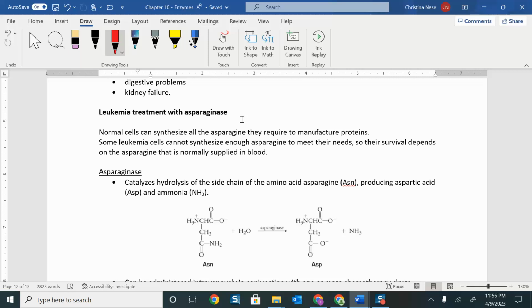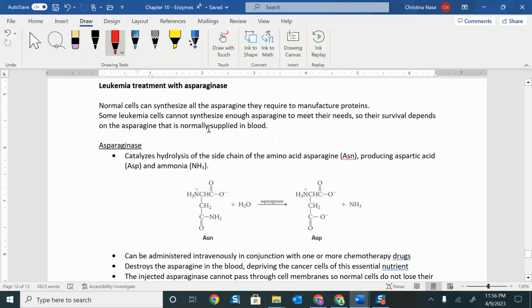They cannot synthesize the asparagine that they need to meet their needs, and so they have to take it from the blood supply. So you'll have some of these amino acids floating around in your blood. So what this drug does, and it's just an enzyme, the asparaginase, it catalyzes the hydrolysis of the asparagine, turning it into aspartic acid and ammonia.